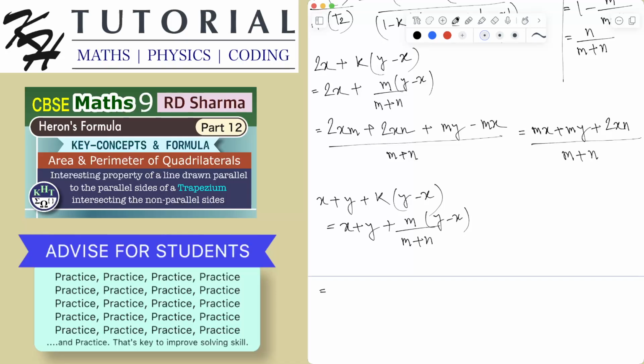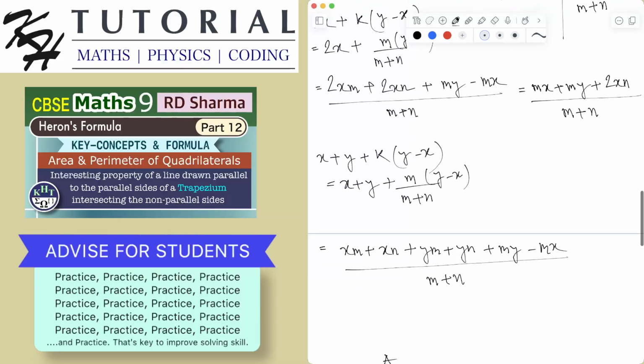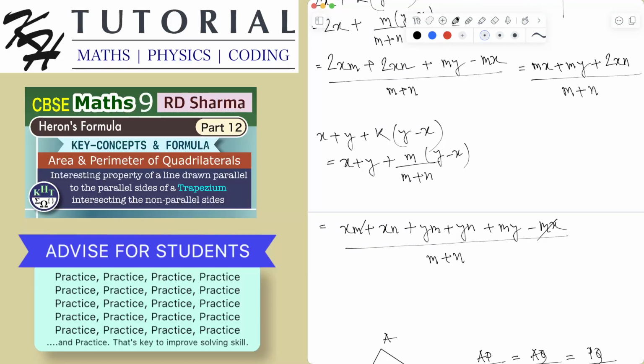If I simplify, this is xm plus xn plus ym plus yn plus my minus mx by m plus n. mx cancels out, so this is equal to n into x plus y plus twice my divided by m plus n.